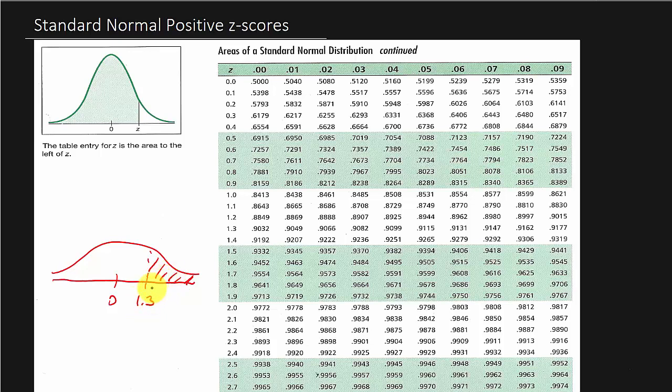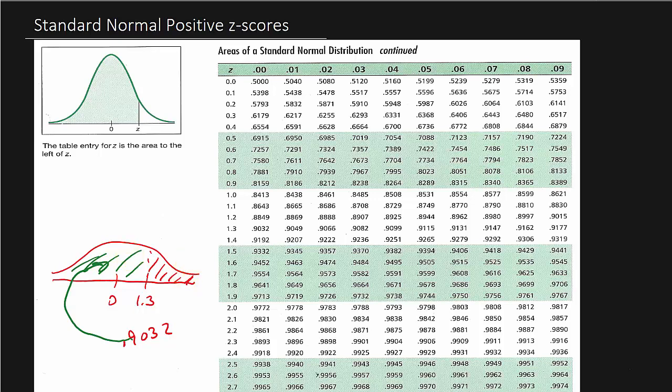So what we do is we look up the 1.3, and that gives us the area to the left. So 1.30, that's 0.9032. That's this area right here, the 0.9032.